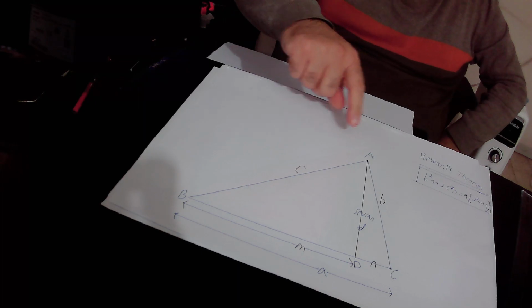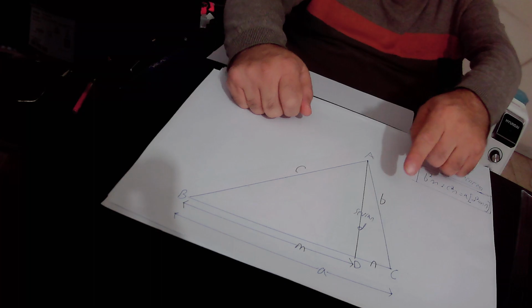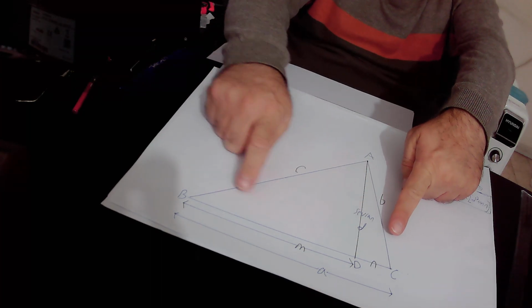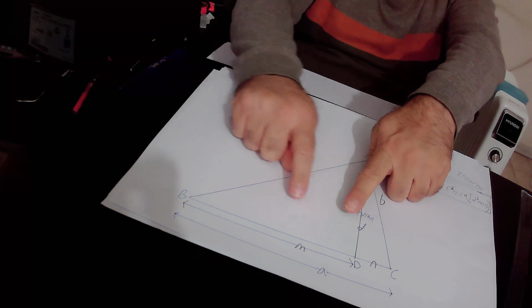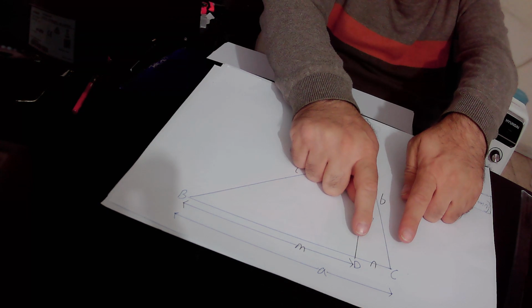The length of side AB is c units, the length of side AC is b units, and finally the length of side BC is a units, and line segment BD equals m units, and line segment DC equals n units in length.